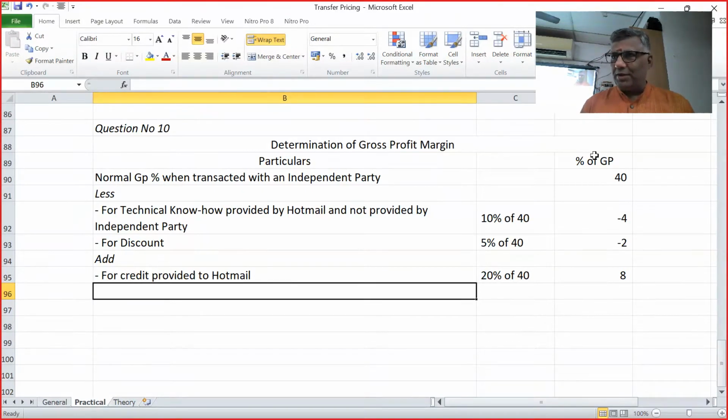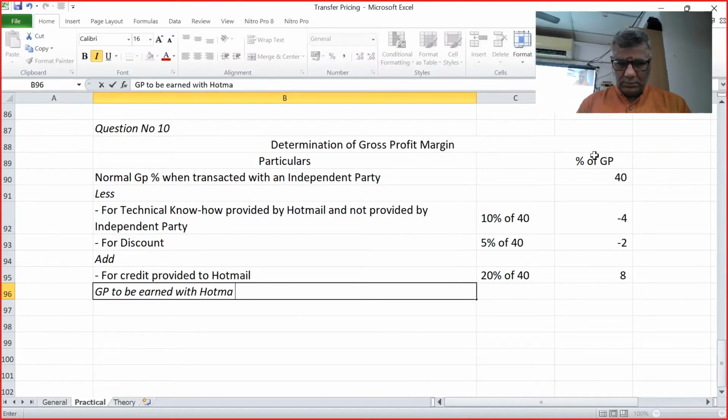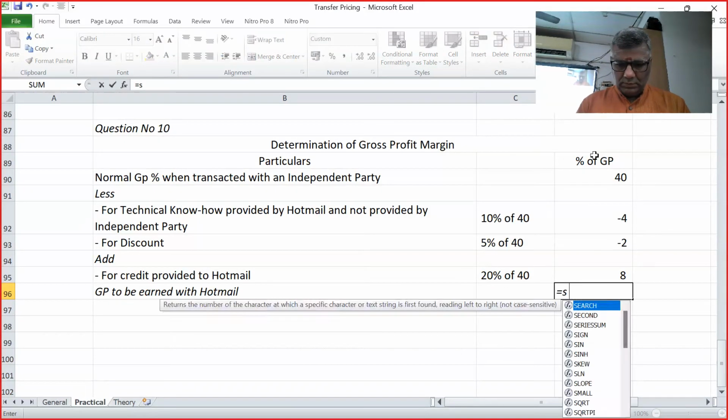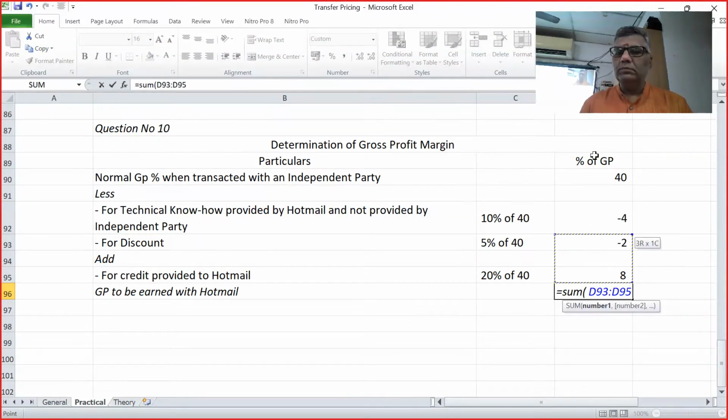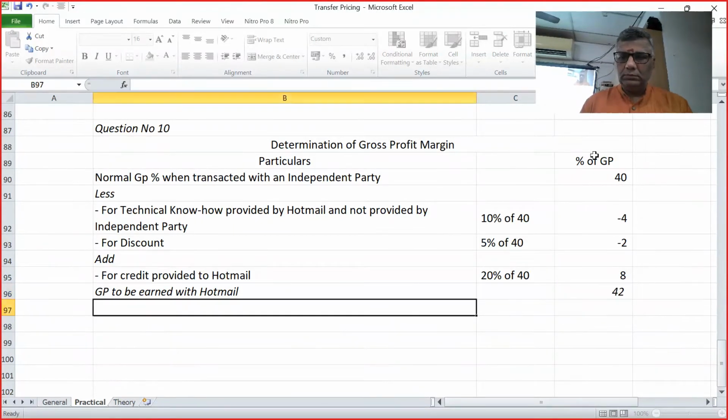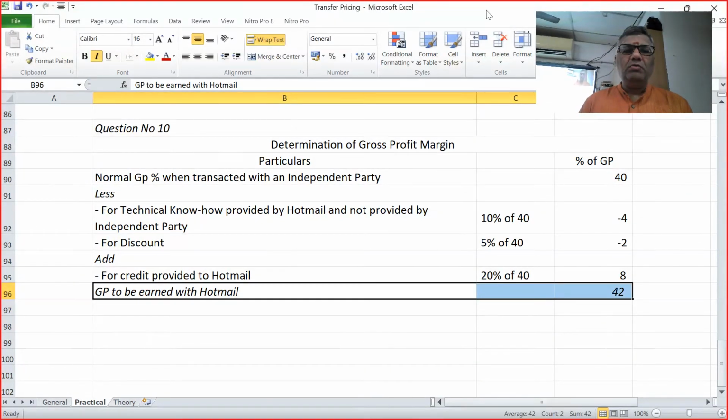No, we are yet to find out the income. We are finding out what is the normal GP margin. I should have earned 42%.